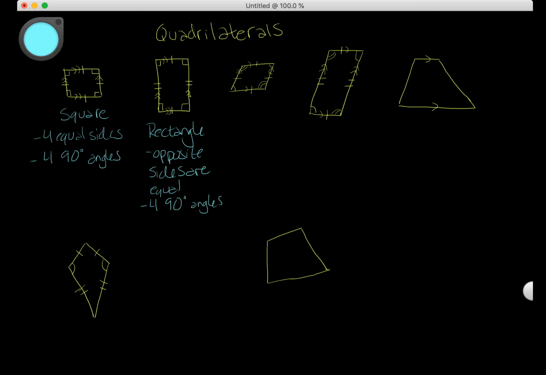All right, the next one is a rhombus, R-H-O-M-B-U-S. A rhombus has 4 equal sides, and opposite corners are the same angle.